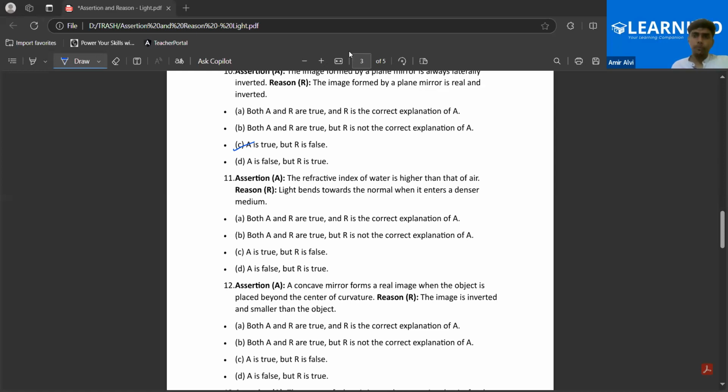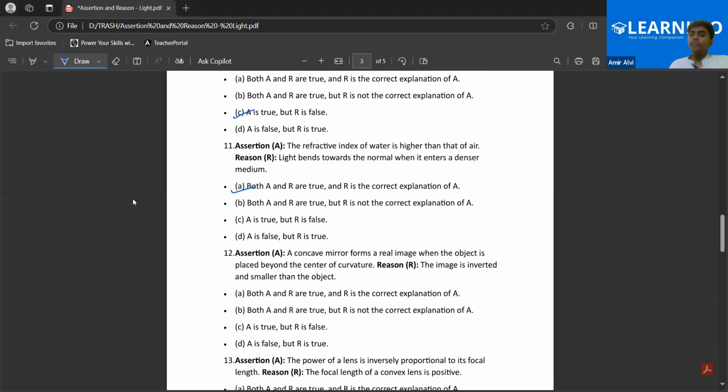Check it, Faizan. The refractive index of water is higher than that of air. Obviously, water is denser than air. And the next thing is that light bends towards the normal when it enters a denser medium. So option A is right, because when light goes from a rarer to a denser medium, it will bend towards the normal due to the high refractive index.